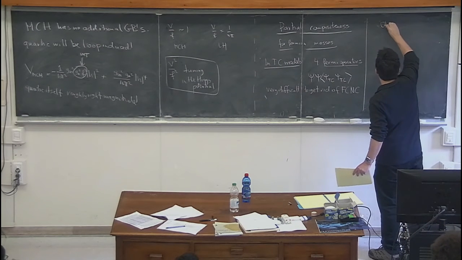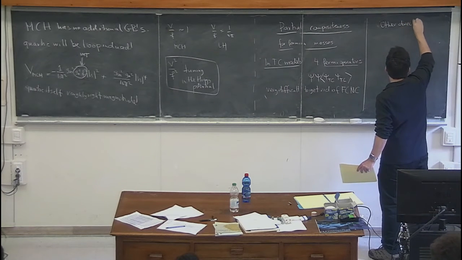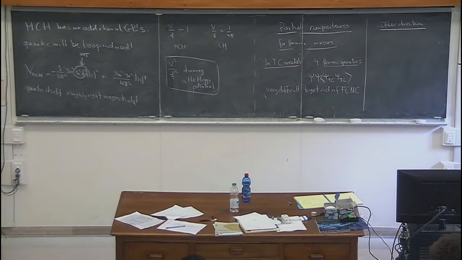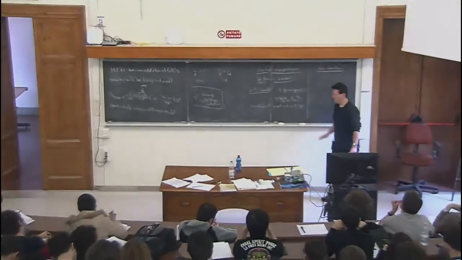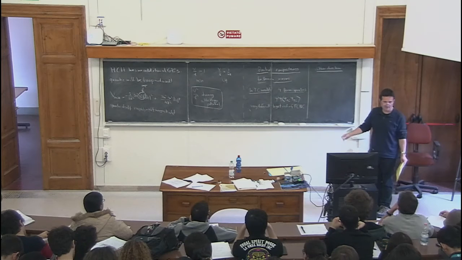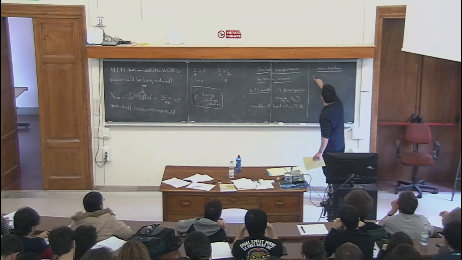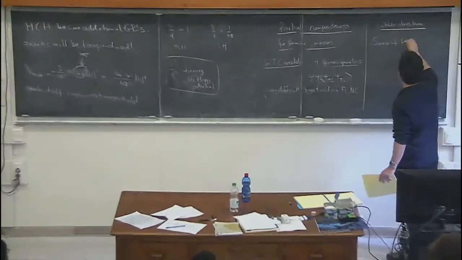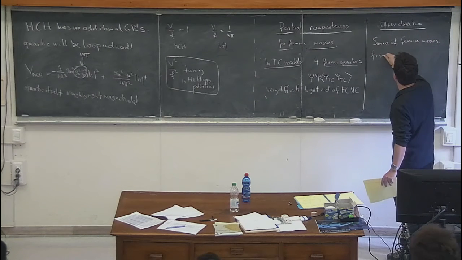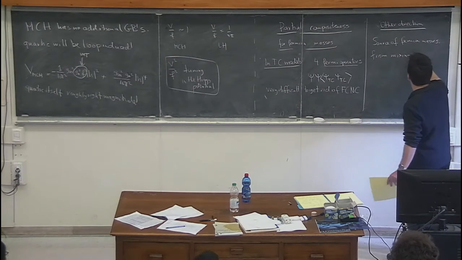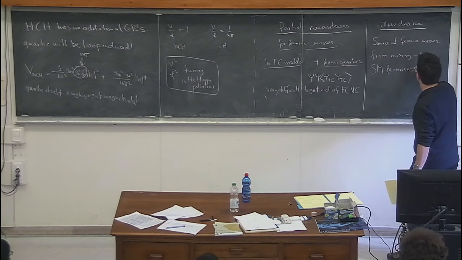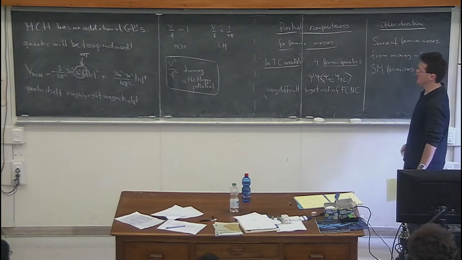So the other direction, other than having these 4 Fermi operators, is to say that actually the source of fermion masses could be from a mixing of the standard model fermions with some heavy composite fermionic objects.